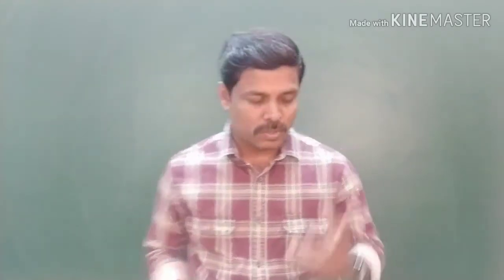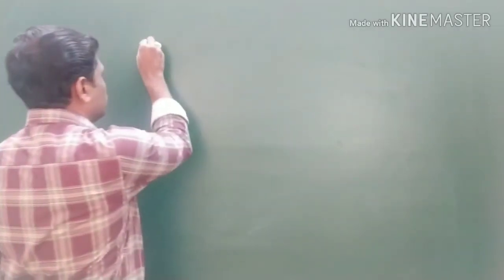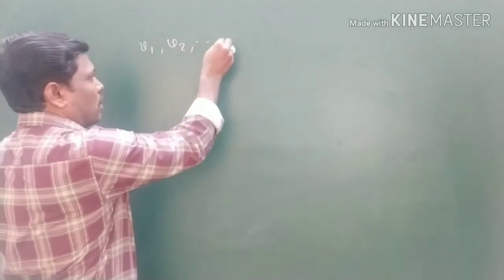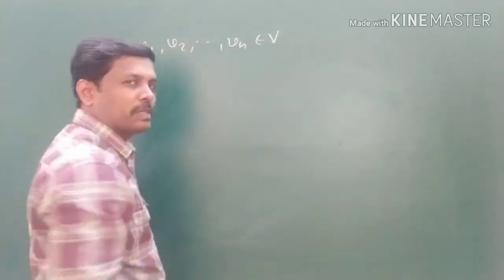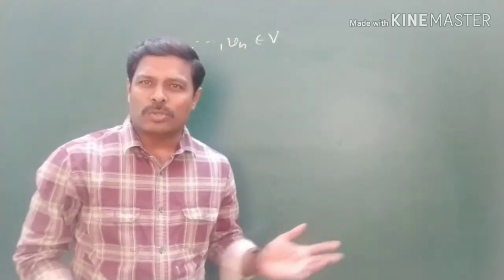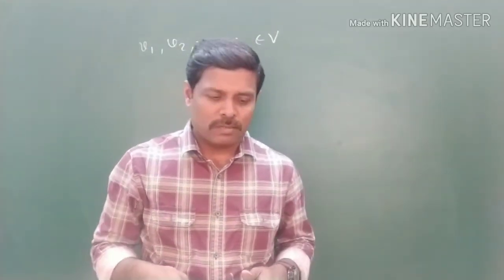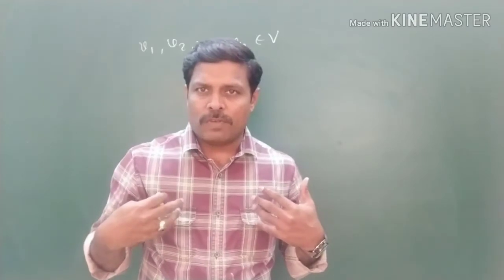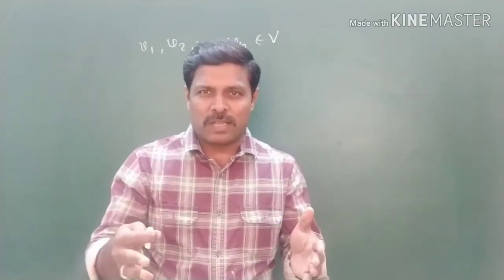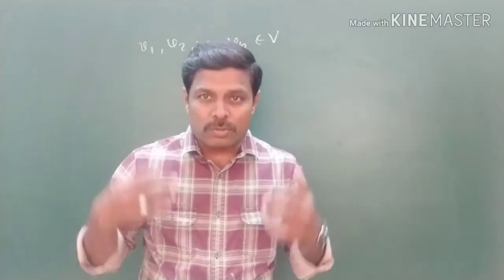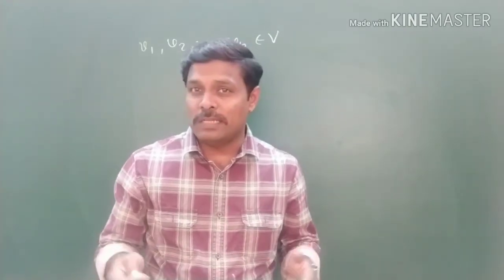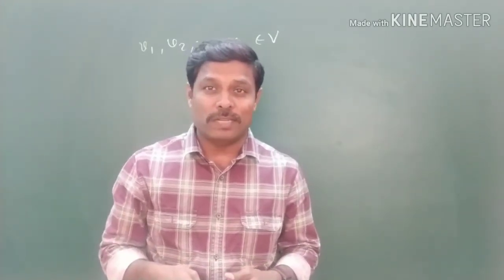Now how to show that? In this case they have given us n vectors. So suppose v1, v2, vn are vectors from the vector space V, and now we have to show what the possibilities for these vectors are. As far as I know, when vectors are given to us, either they are linearly independent or linearly dependent.